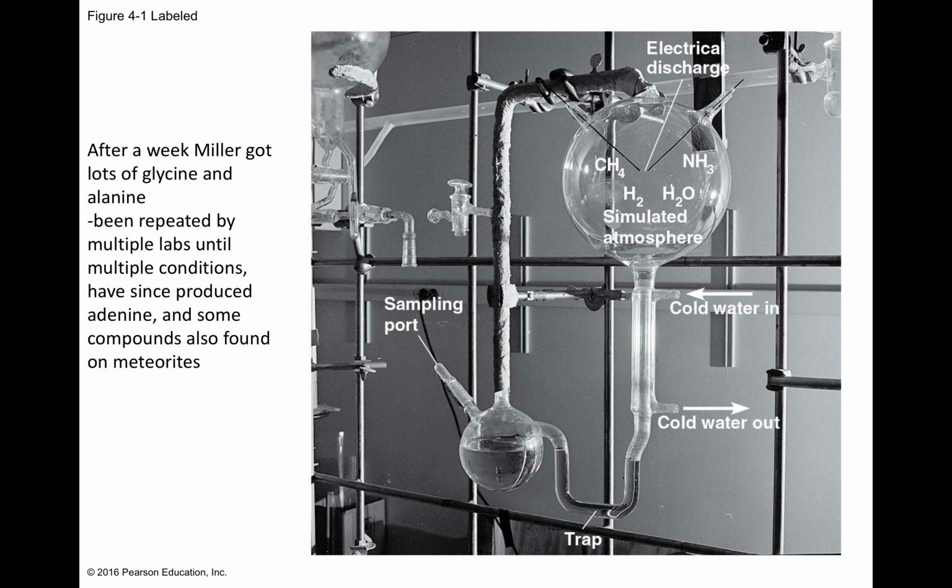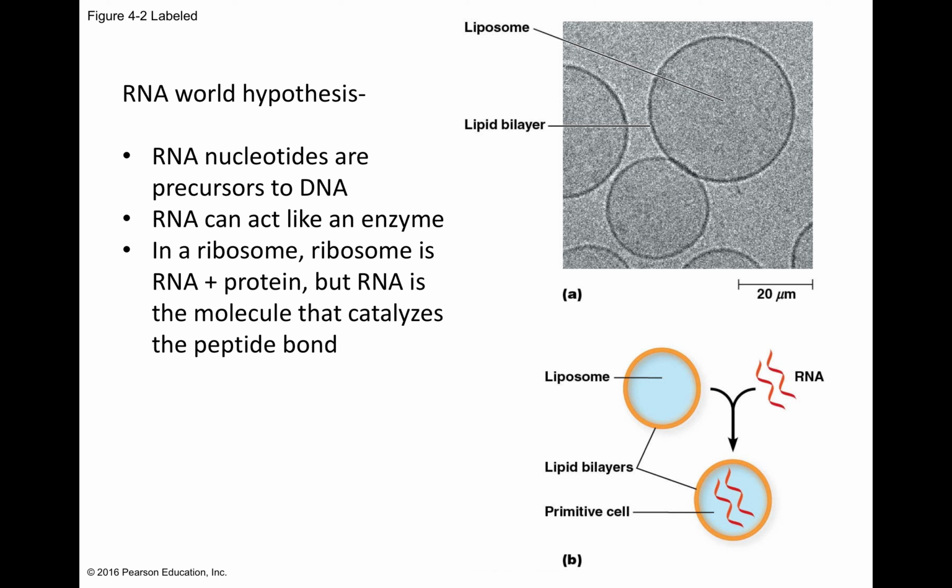One of the hypotheses about first cells comes from RNA. This is called the RNA world hypothesis. This idea is that RNA is a precursor to DNA, and that RNA can act both as an enzyme and as a carrier of generational information. Generational information meaning that the sequence of the RNA carries information, and that sequence of RNA can be repeated from one generation to the next.